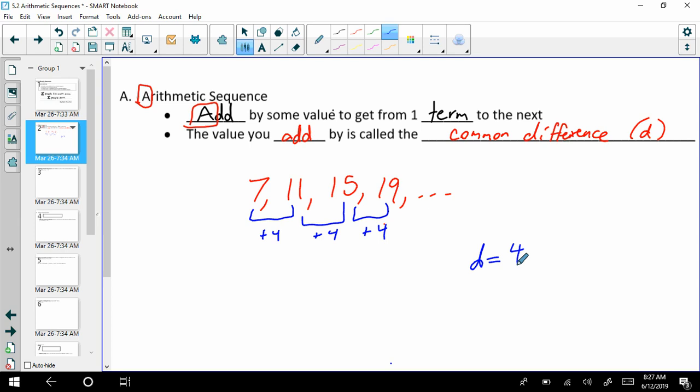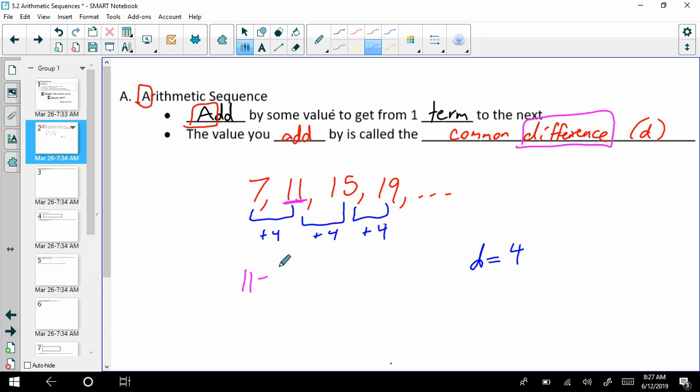Now, what sometimes people find a little goofy is, why is it called the common difference? Because difference deals with subtraction. Why isn't it called like the common sum since we're technically adding? Well, it's called the common difference because if you're not sure what they're adding by, to find the common difference, you can always take one number and subtract the number that came before.